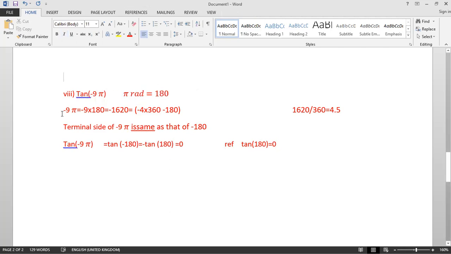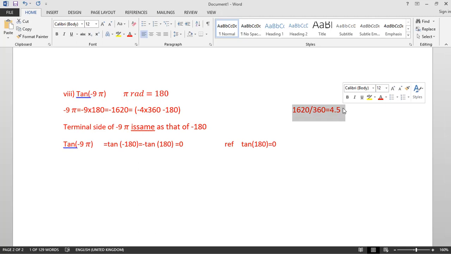Minus 9 pi is adjusted by converting it into degrees, that is minus 1620 degrees. Then we have divided an angle which is greater than 360 degrees by 360 degrees, so that we can see where the angle ends.